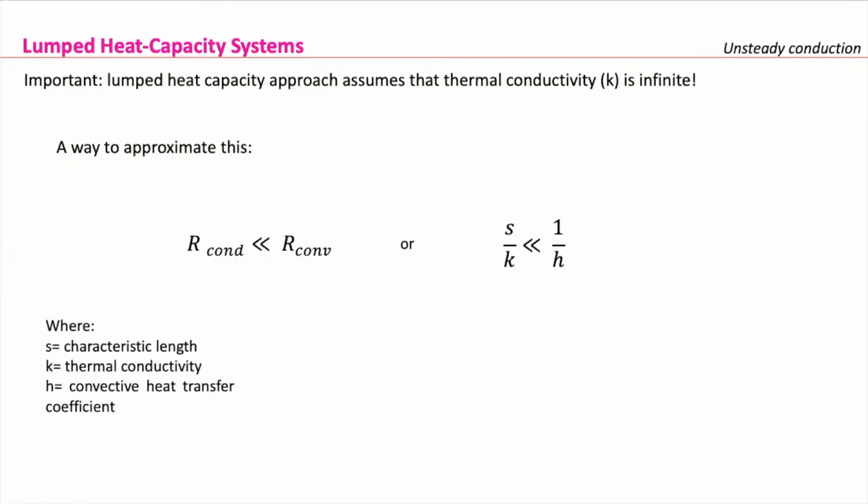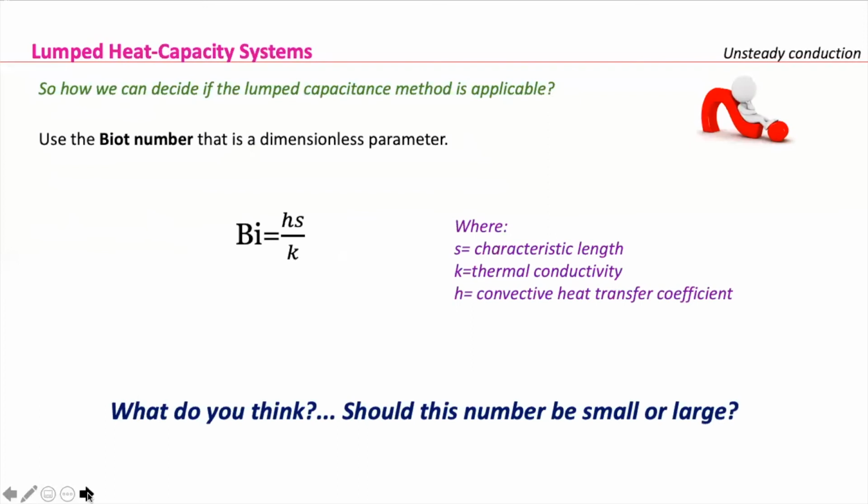This is another S. Do not confuse it with the shape factor that we just checked. It is another S, and it's the characteristic length. So then, based on that, how can we define if we can treat an unsteady state conduction problem as a lumped heat capacity system?